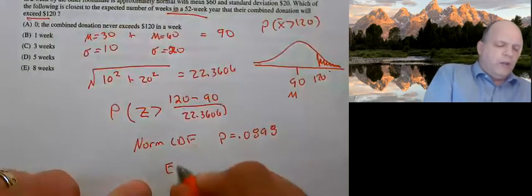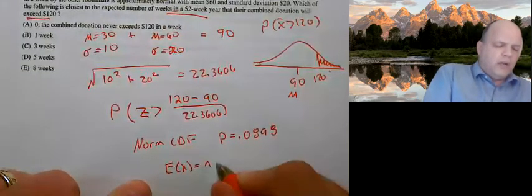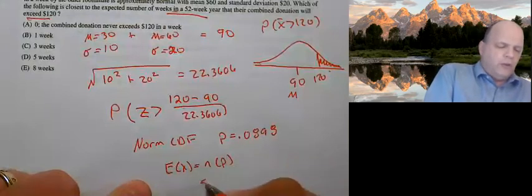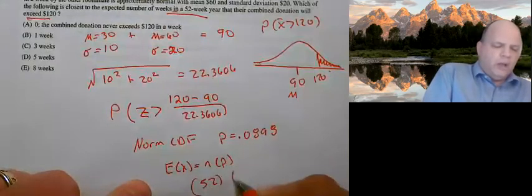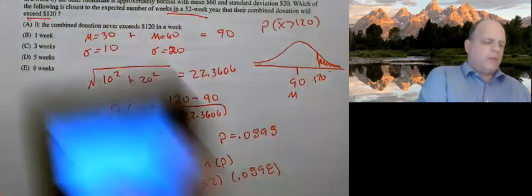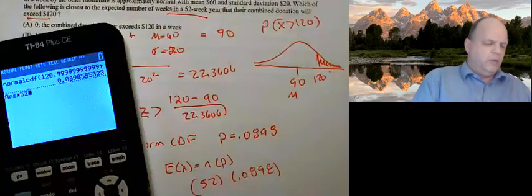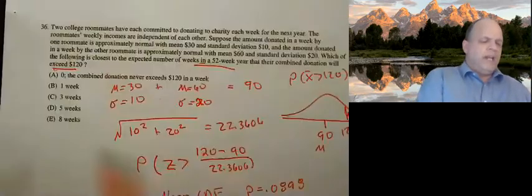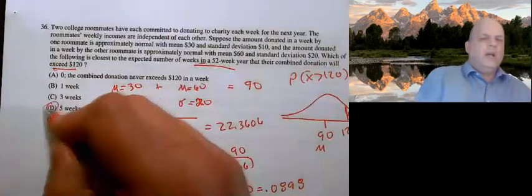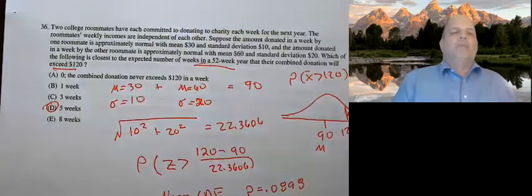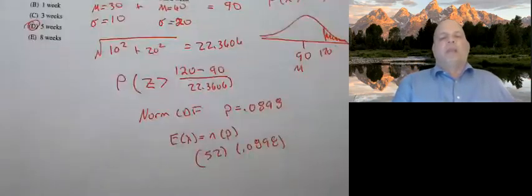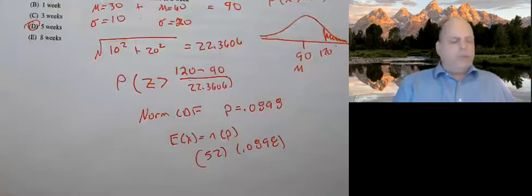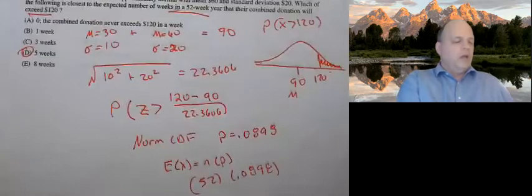The expected value would be N times P. So 52 times 0.0898 gives me 4.67. My answer that's closest is about 5 weeks. If 4 had been an answer, we might have had an issue, but it wasn't. So 5 is my best choice in that case.